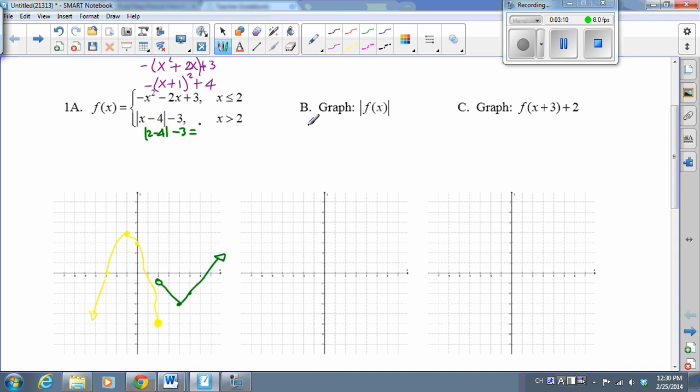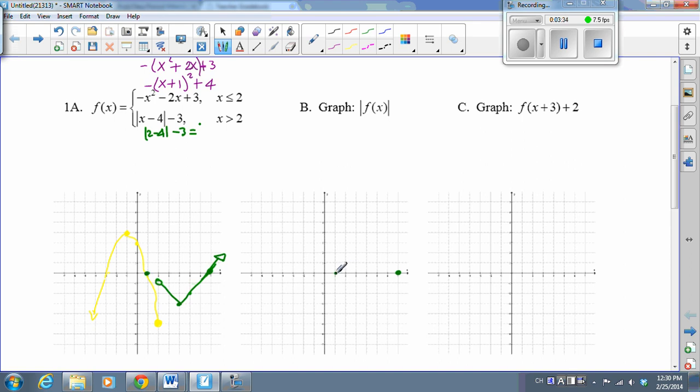All right, the first transformation says graph absolute value of f of x. To graph the absolute value of f of x, you need to first notice that I'm assuming that it goes through this point here. That point will not move. The point here, which is my other x-intercept, this yellow point, will not move either.